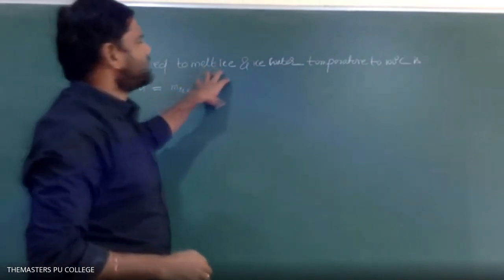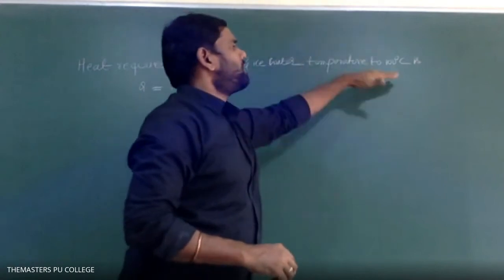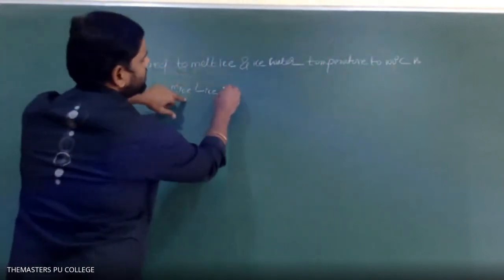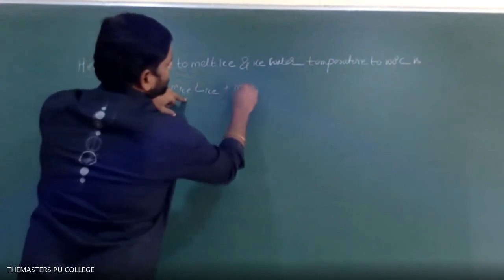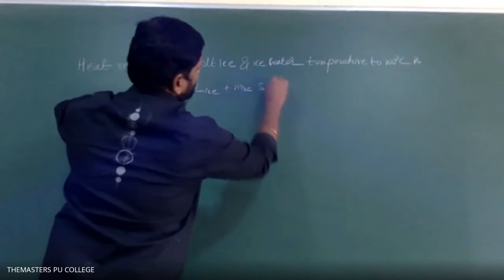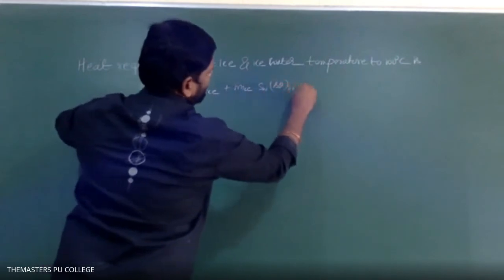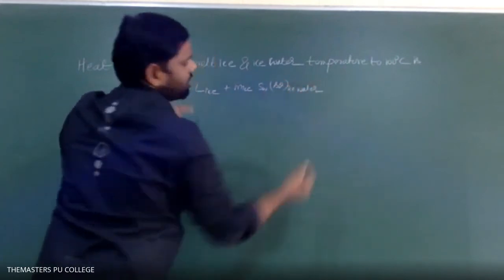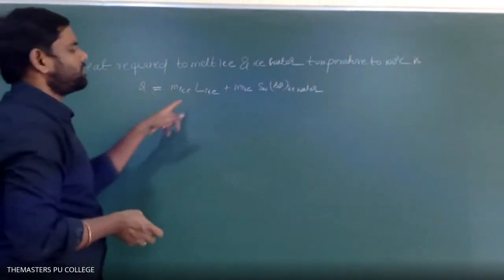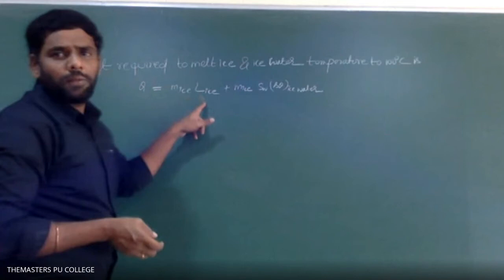And to raise this melted ice water temperature to 100 degrees centigrade, where initially this ice was at 0 degrees centigrade, we need mass of ice and specific heat of water into delta theta of ice water. So this is the heat required to melt the ice as well as the heat required to raise the melted ice water temperature to 100 degrees centigrade.